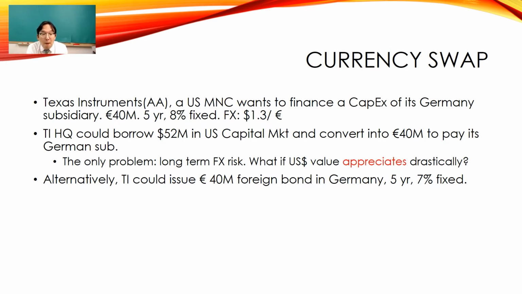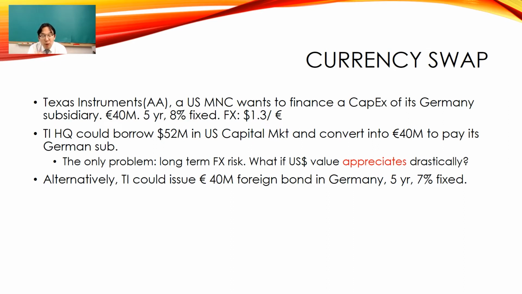I don't know, but they needed 40 million euros, right? And then 5 years length, and then at 8% fixed rate, okay? And by the way, foreign exchange spot market rate is $1.3 per euro right now.